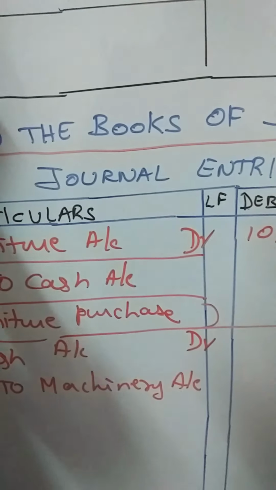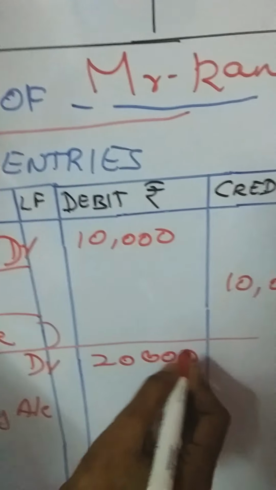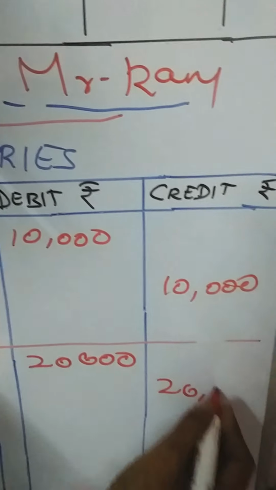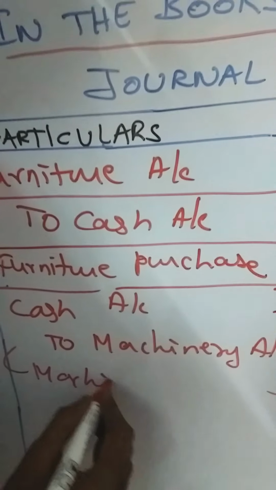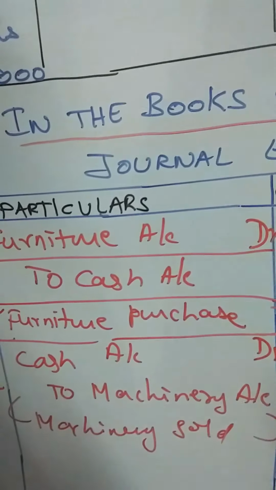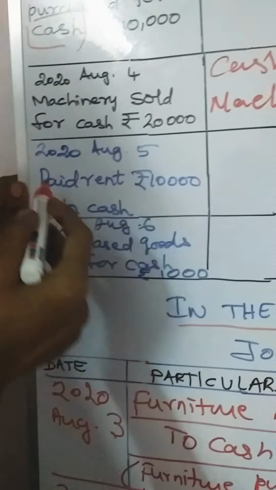What is the amount? Debit amount 20,000. To machinery account, what is the credit amount? 20,000. Debit total should be equal to credit total. And mention the narration. Machinery sold. The next transaction, we can move to the next transaction.